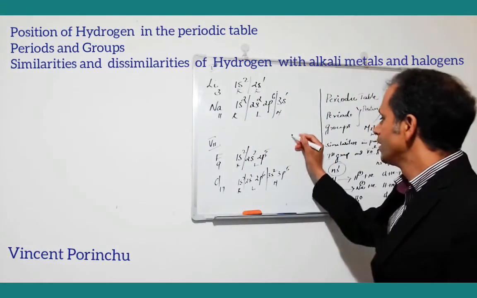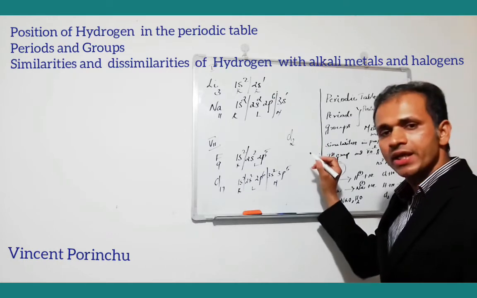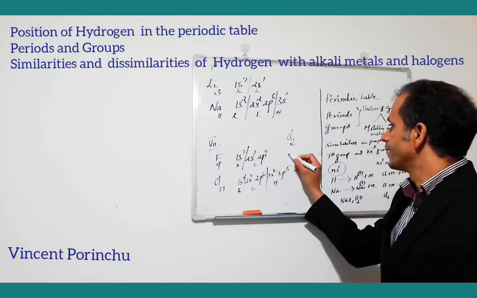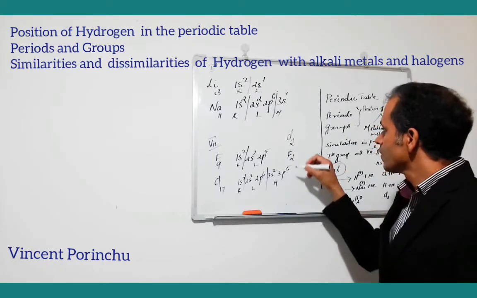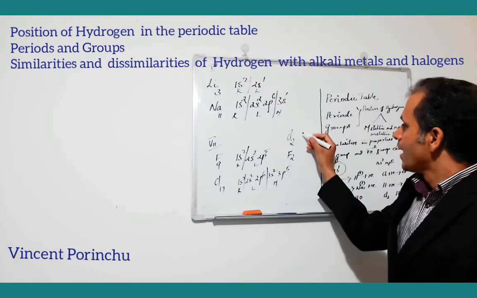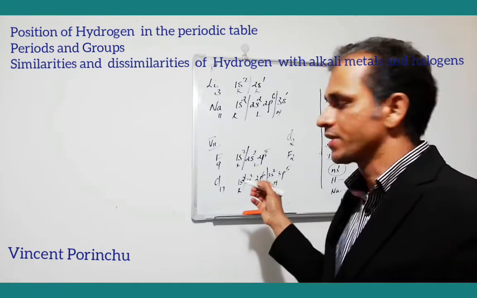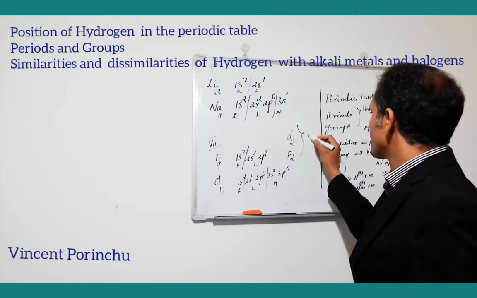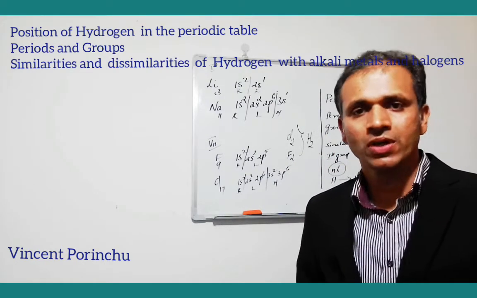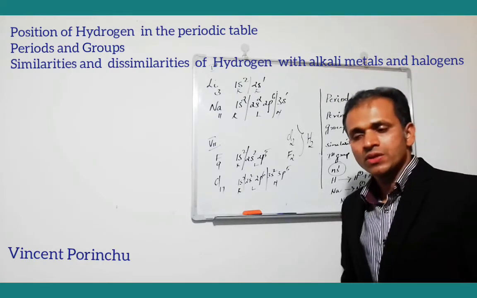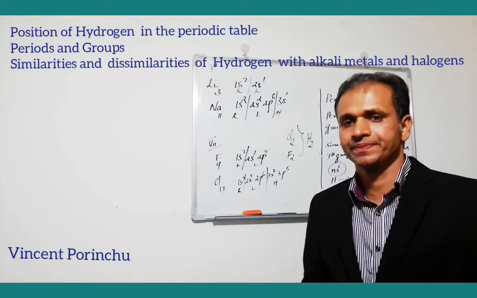Like the 7th group elements, chlorine is a diatomic gas, and F2 fluorine too. Like the halogens, hydrogen also forms a diatomic molecule, H2. This also shows similarity with the halogens.